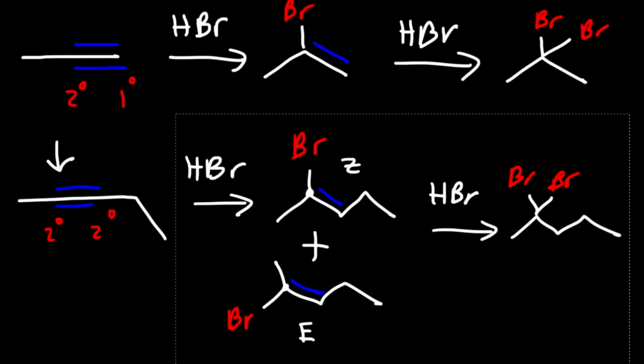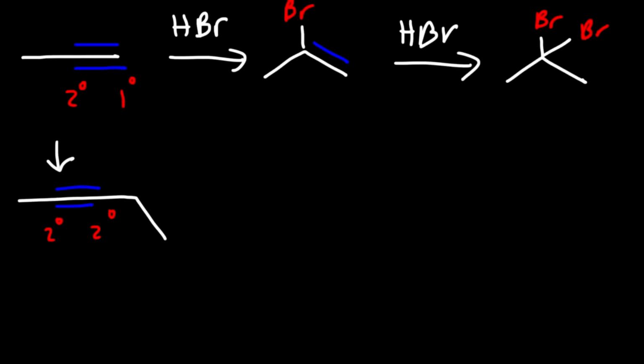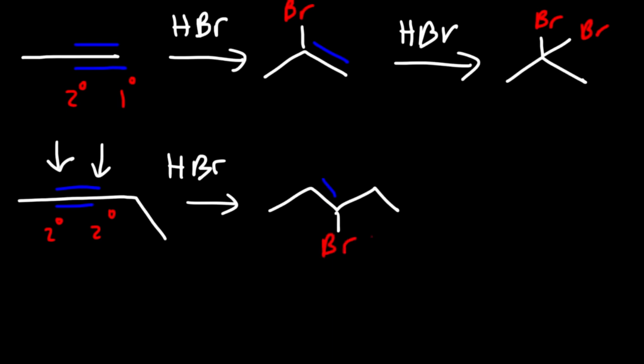Now, these are not the only products that we can get, because we can put the bromine atom on carbon 3 as opposed to carbon 2. So it can be here. And this is the Z isomer again.